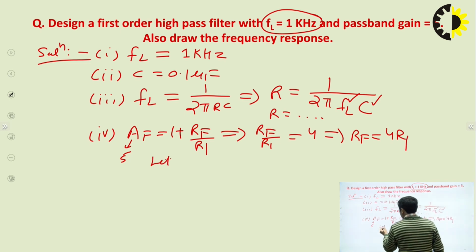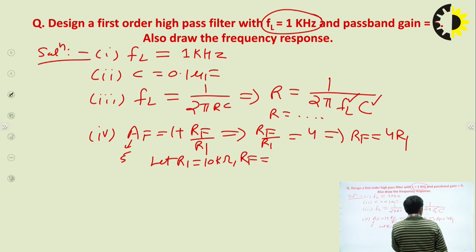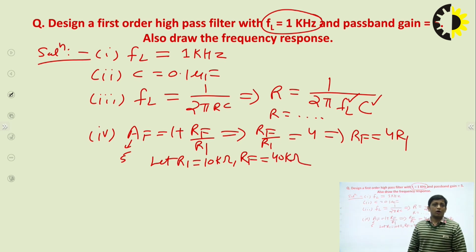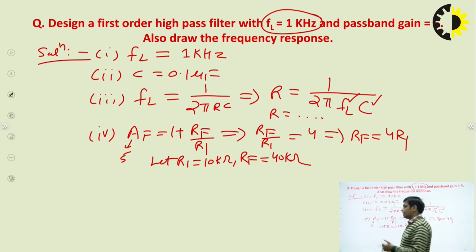So let's take R1 is equal to 10 kilo ohm. Then what will be the value of RF? It will be 40 kilo ohm. So from these 4 steps, we have calculated all the component values R, C, R1 and RF. Lastly, just draw the circuit and mention all the component values.